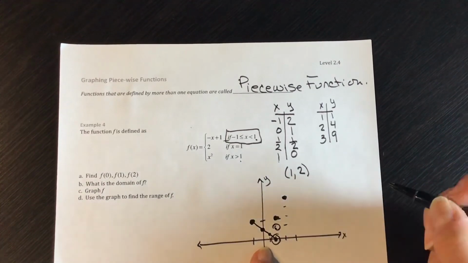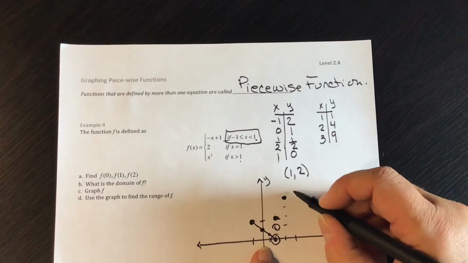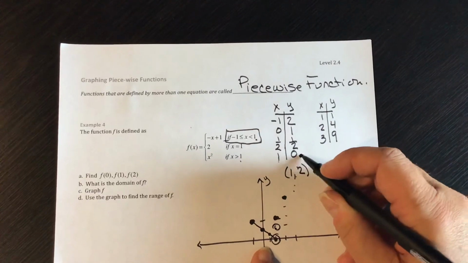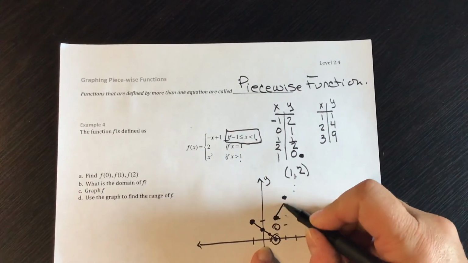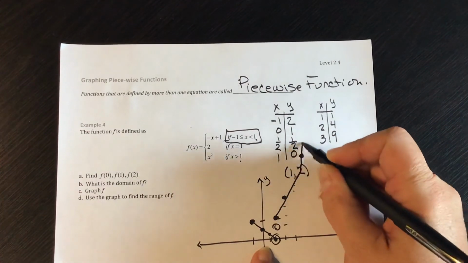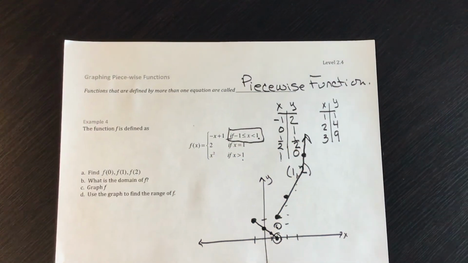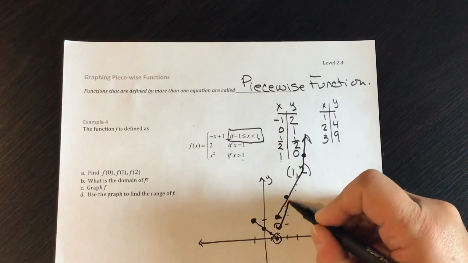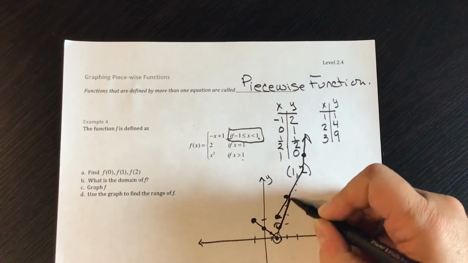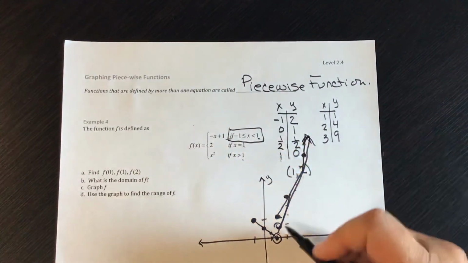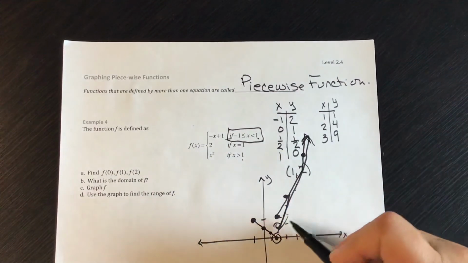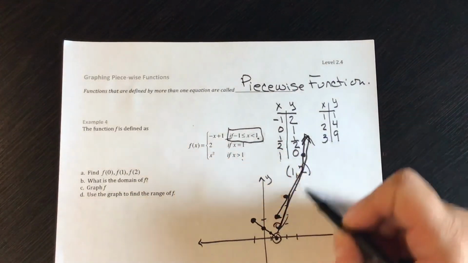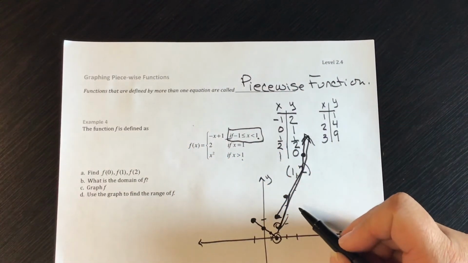Then I have the point (3, 9). So 4, 5, 6, 7, 8, 9. So from here, it's kind of making a parabola and going upward. Oops, I did that from the wrong spot. So it's kind of going up like this. Sorry about that, that looks messy. But we've got the arm of a parabola on this side.